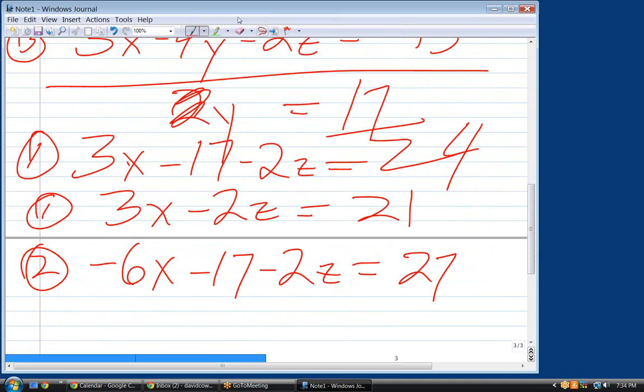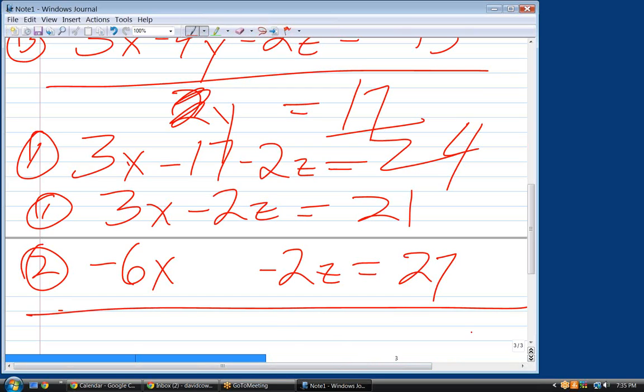Or I'll move that 17 over, make it equal to minus 27. Okay, so now we have these two equations and we have 2 unknowns. I've already solved for y, so this is going to allow me to solve for x.